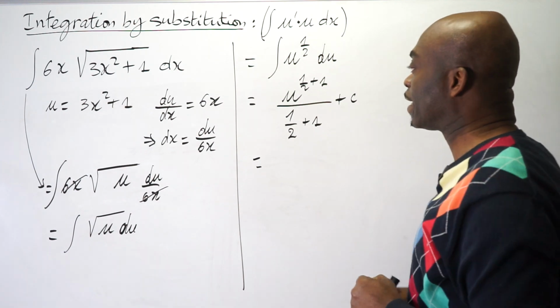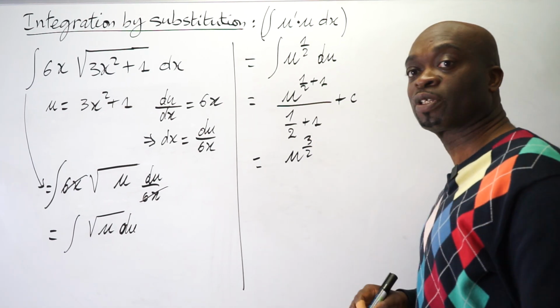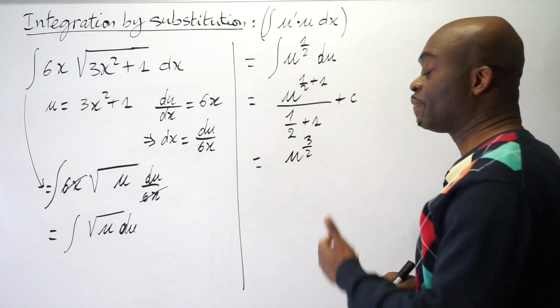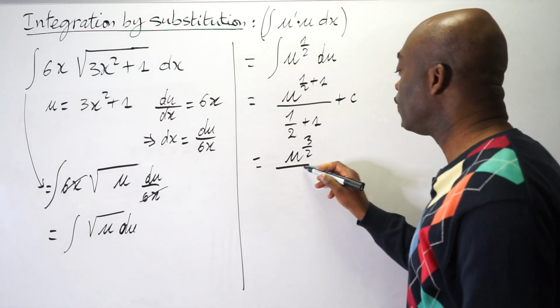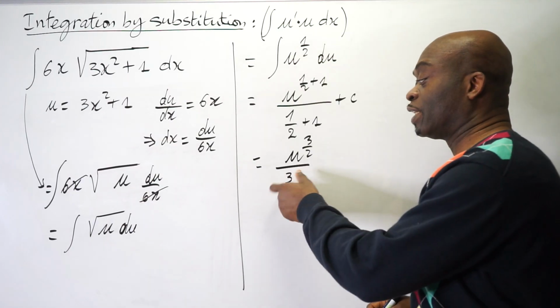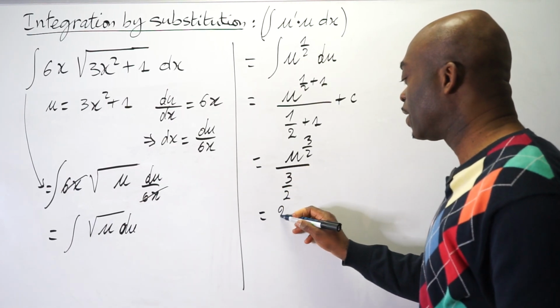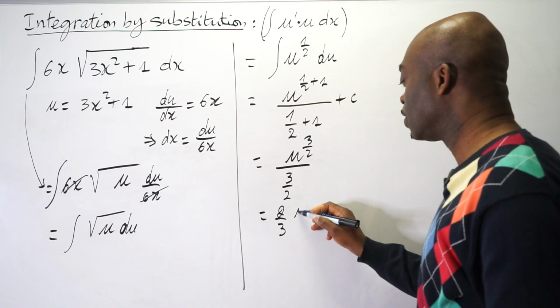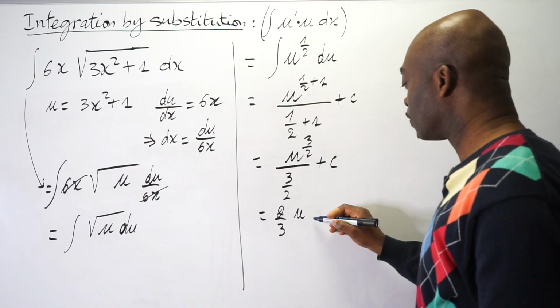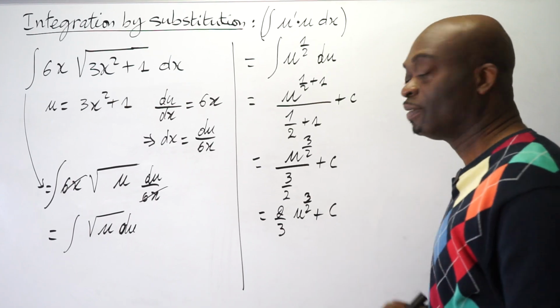So once we have that, this one is equal to u to the 3 over 2, because 1 over 2 plus 1 is 1.5, which is the same thing as 3 over 2, divided by 3 over 2. Now, because we have a fraction at the bottom of this fraction here, we can make an adjustment. That becomes 2 over 3 times u to the 3 over 2 plus c.